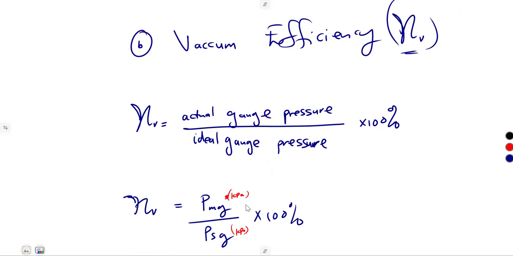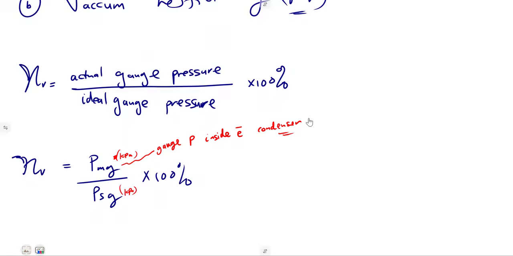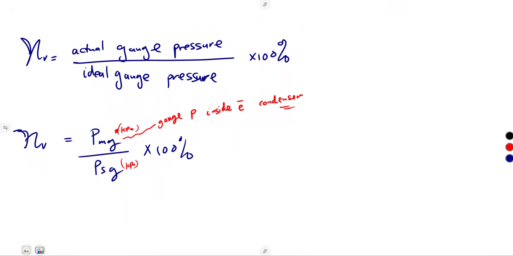Remember I said this can be converted to millimeters of mercury. We already calculated this one before, the one you were just using as PG. It's only that we are using the M now.